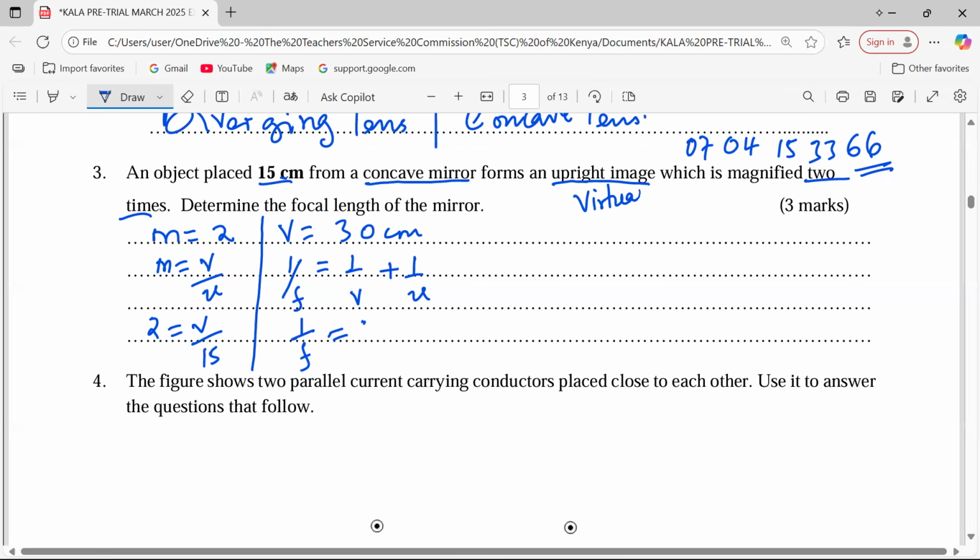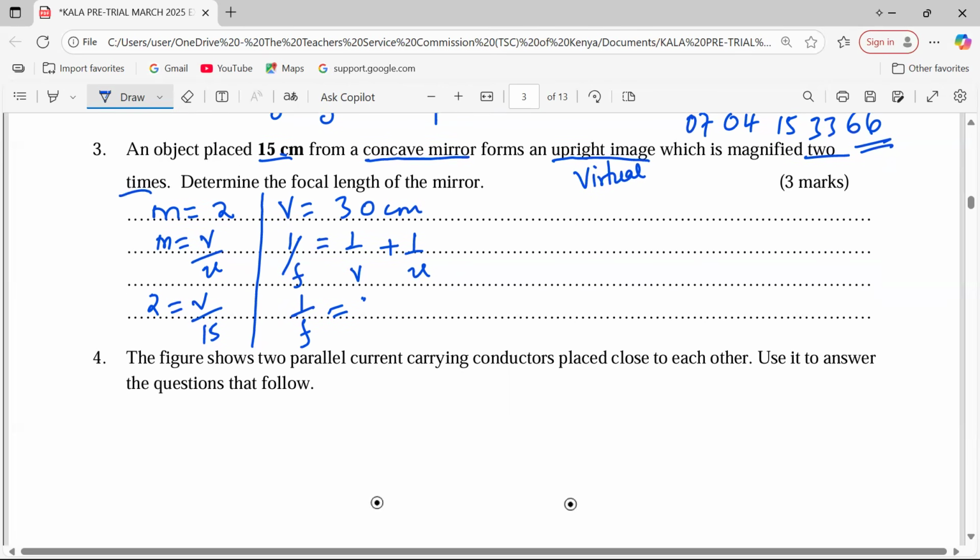And for virtual distances, we give them a negative. So negative 1 over 30. Instead of 30 now, we use a negative. The negative is being introduced due to the virtual nature of the image.